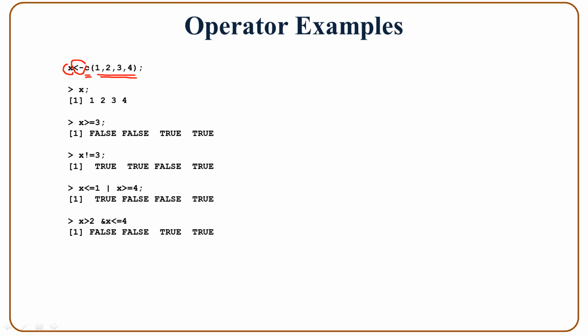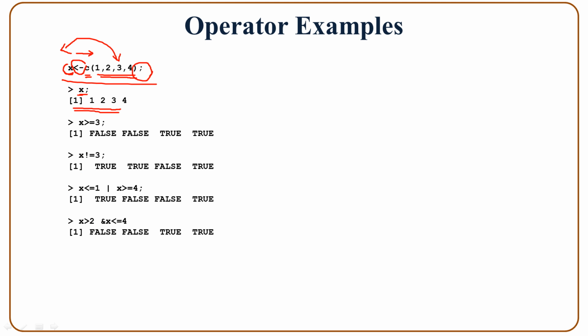You can switch the order and use the right assignment instead. So once you do this, you can type in, for example, X, and then it shows you the content of X. In R, you can use the semicolon or simply a new line to separate statements.